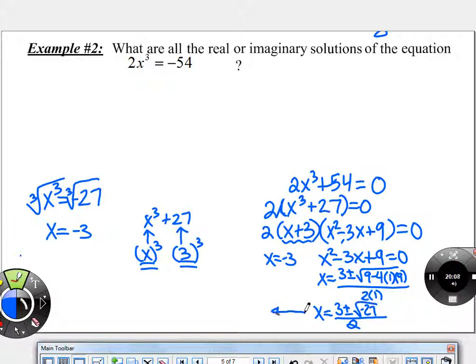So my final answer for those solutions will look like 3 plus or minus... What does radical 27 break down to be? 3 radical 3, and then with the i for the negative.